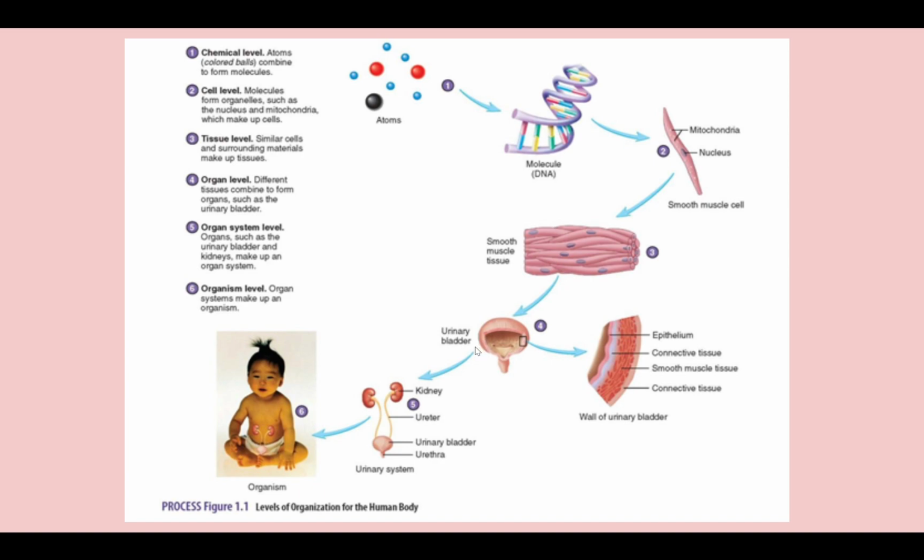Then the bladder is one of several organs that work together, the kidneys, the ureters, the urethra, to form part of the urinary system. And then this is just one system of many to form this organism. And you can see the urinary system colored in on this child here.